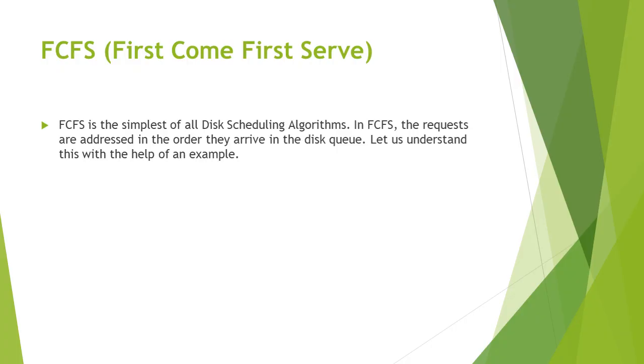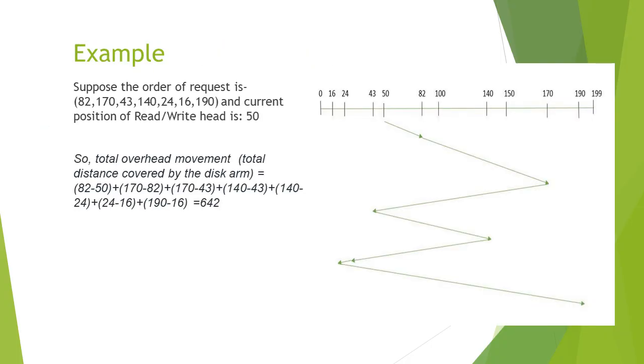Requests are served according to the order they arrive in the disk queue. Suppose you have different requests like 82, 140, 170, and the head is currently at 50.